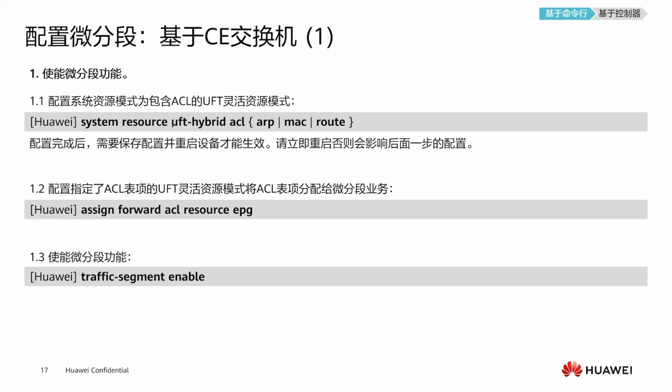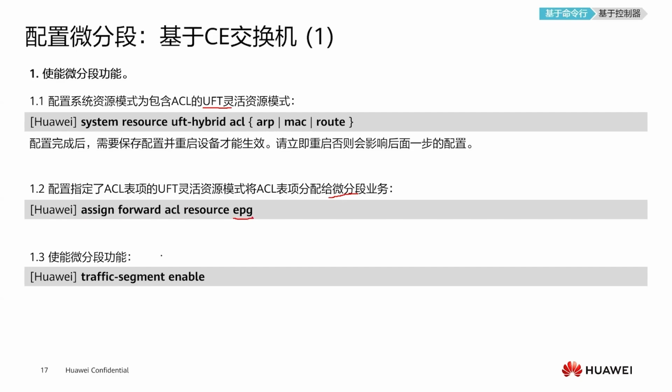Starting with the first, we need to configure our system resource mode to include ACL in the UFT flexible resource mode. This means configuring system resource UFT hybrid ACL. Then we go on to allocate our ACL tables in the UFT flexible resource mode to our microsegmentation service, which is to assign full forward ACL resource EPG.